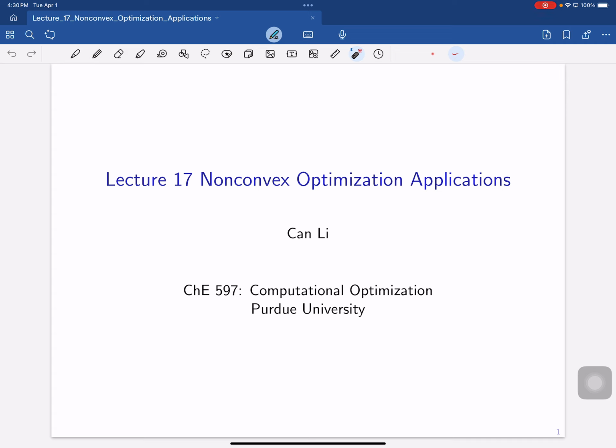And then we talk about branch and bound and cutting planes for solving mixed integer linear programming problems. And now in this lecture, we will start talking about applications and algorithms for solving non-convex optimization problems, non-convex, nonlinear.